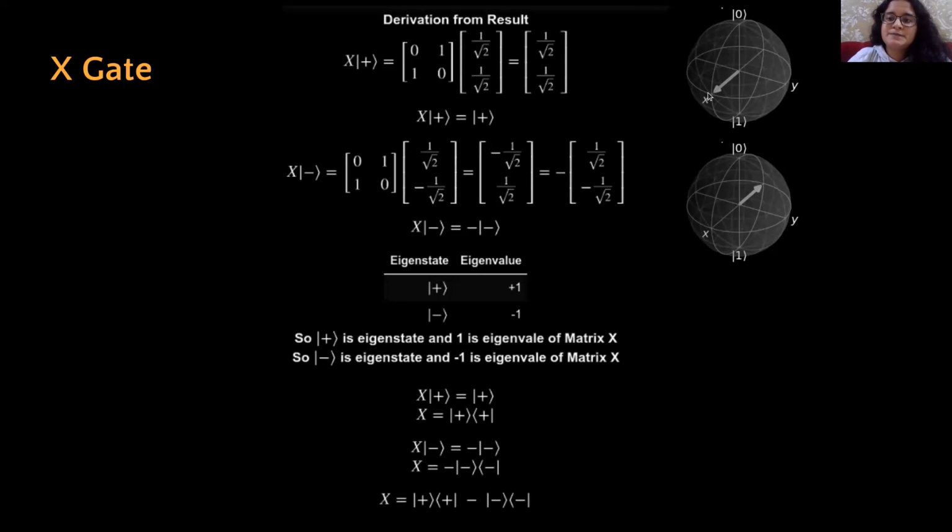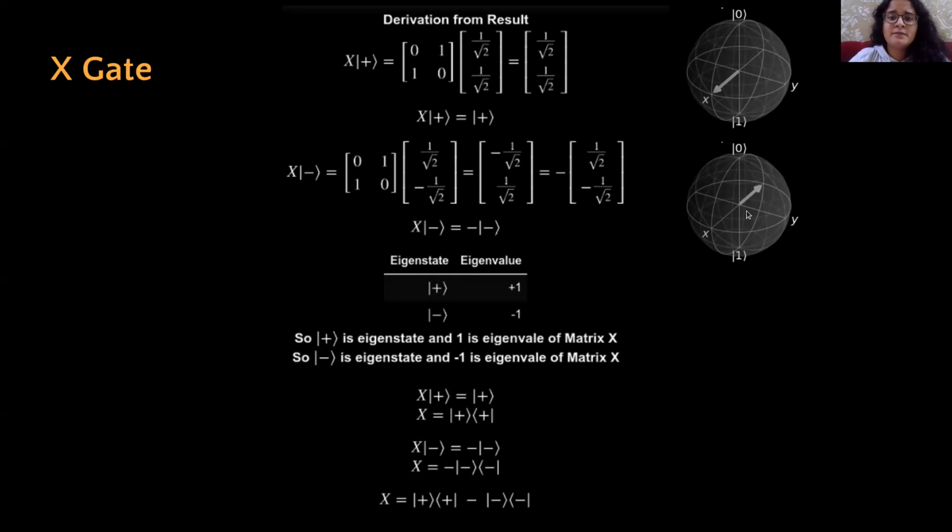Therefore, the positive direction of x, which represents ket plus, and the negative direction of the x-axis, which is ket minus, are unaffected by the rotation about the x-axis. Therefore, they are the eigenvectors of the X matrix. This we have just found out intuitively from our definition of the X matrix.